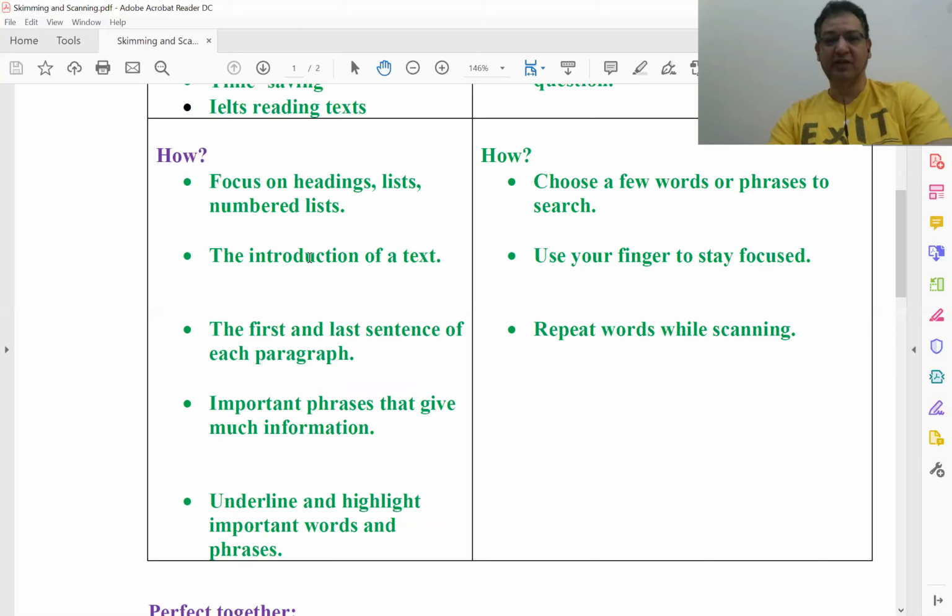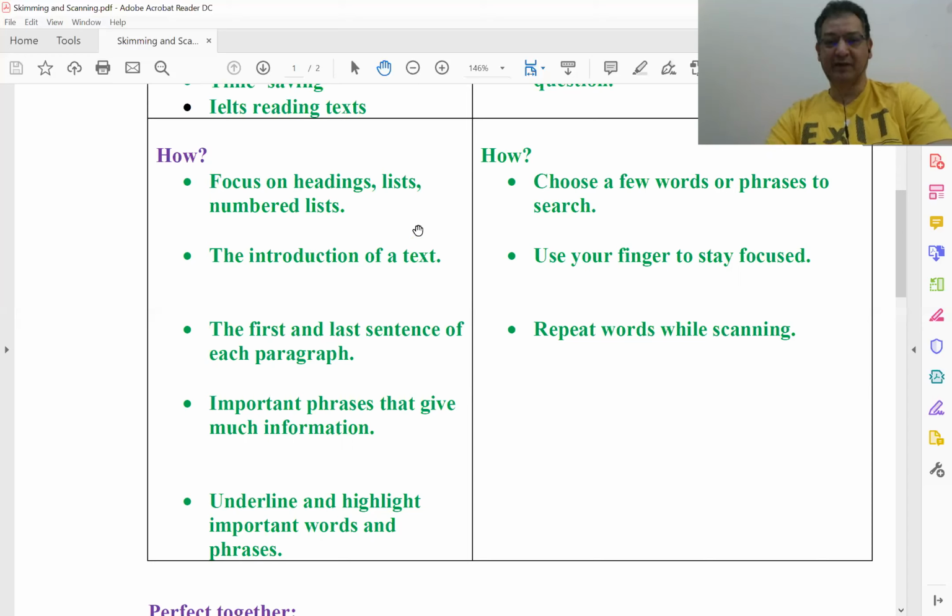Once you finish reading the title of the text, you can start reading the headings and subheadings, because it's important to read the headings and subheadings to get more information about this text. If you have lists or numbered lists, you can start reading them.